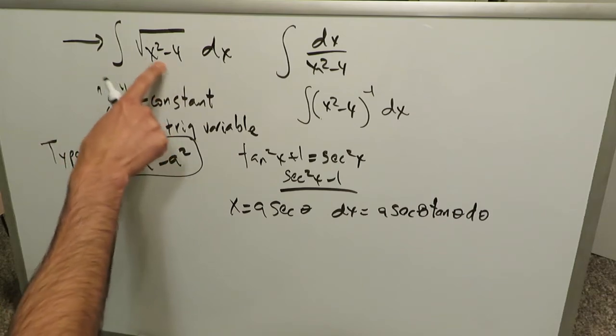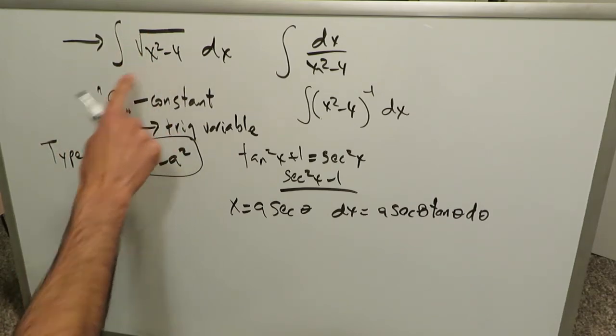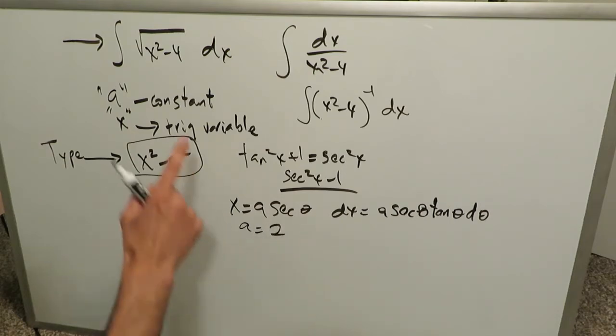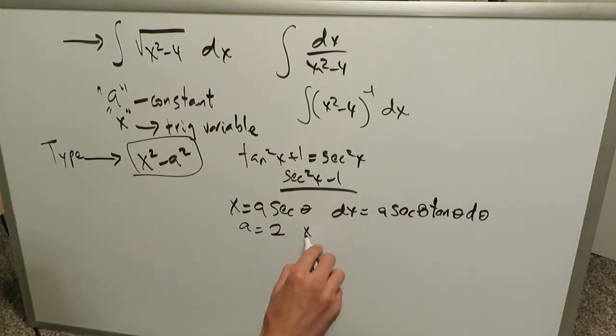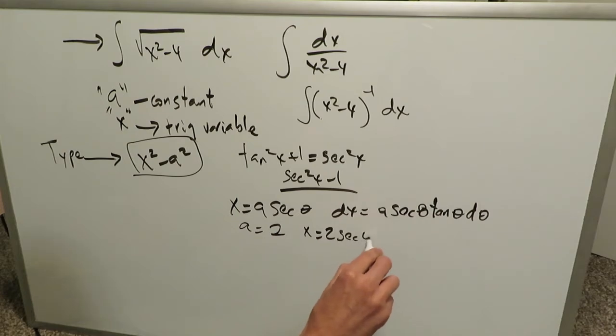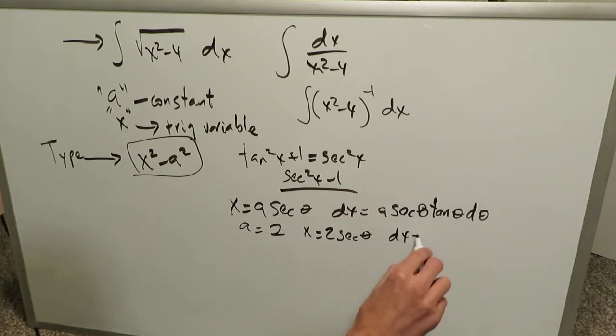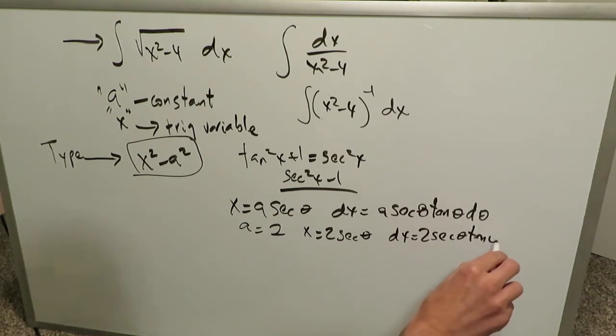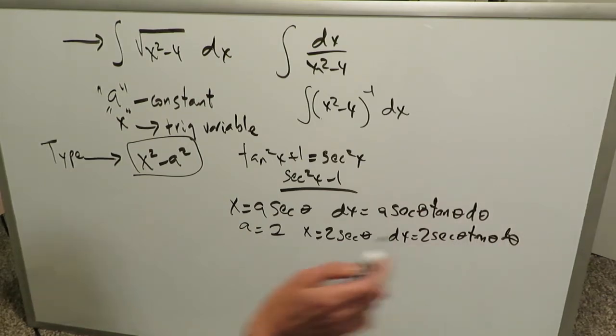With regards to this specific question, because the theme has been here just looking at this, what will our a value be? The a value here is 2, right? What will our x value be? x will be 2 secant theta. What will dx be? It will be 2 secant theta tan theta d theta.